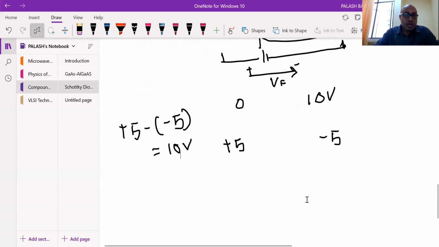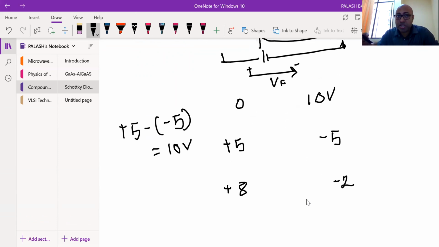Or the same thing, you can give 8 volt and minus 2 volt. So the relative potential matters over here.